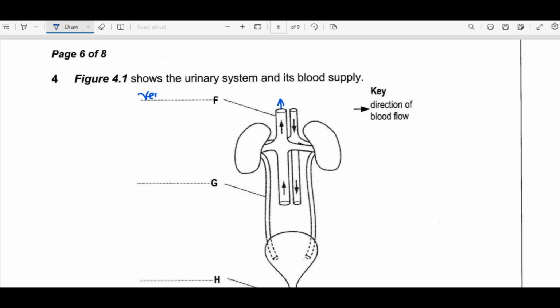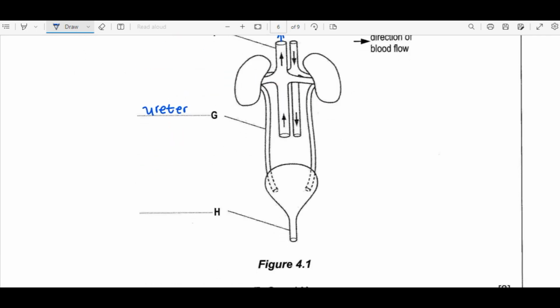So this is a vena cava. Then G is a passage for urine from the kidney to the bladder for temporary storage. So this is the ureter. For H, this is the passage for urine from the bladder to the external environment. So this is the urethra.